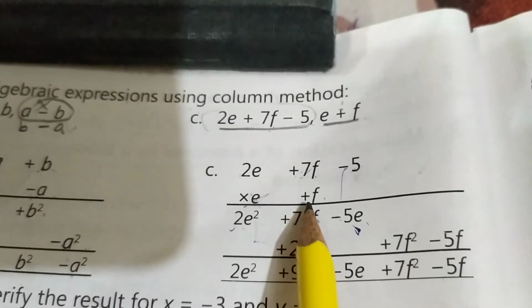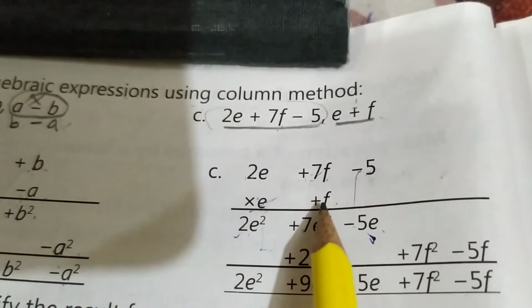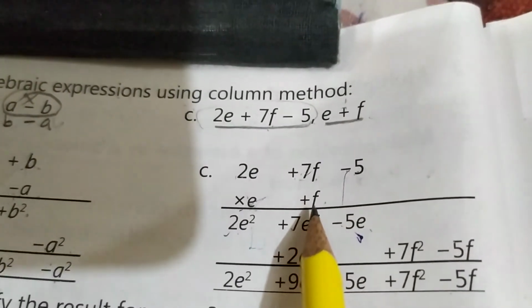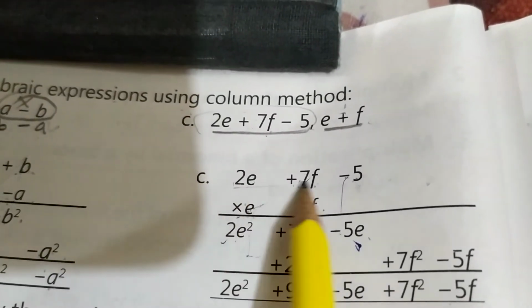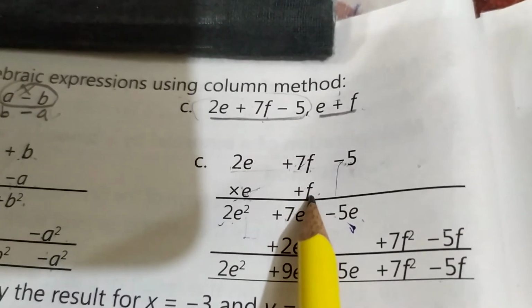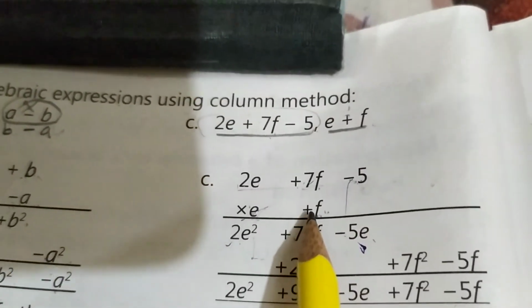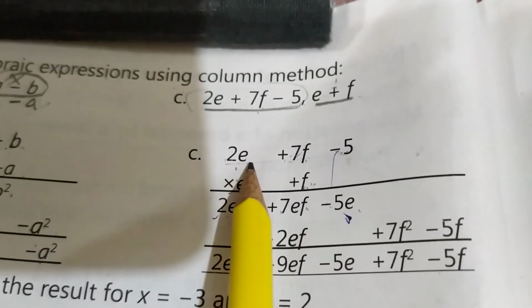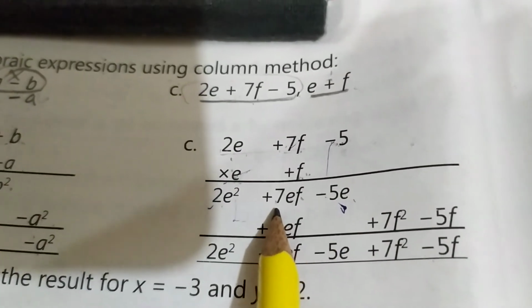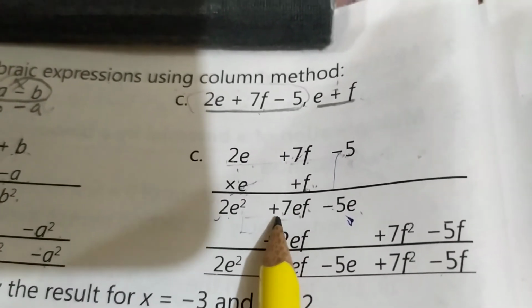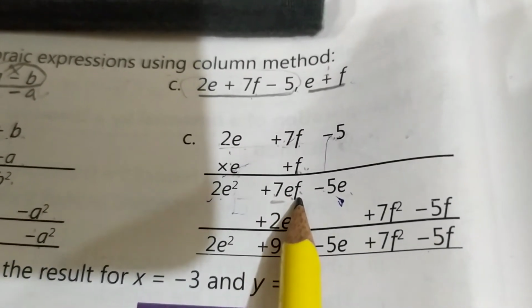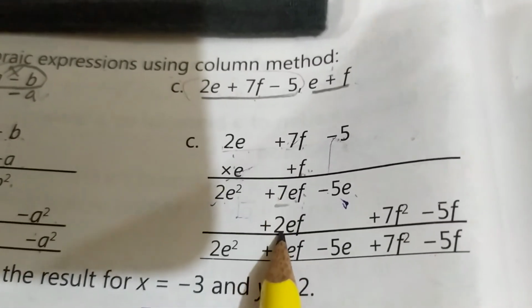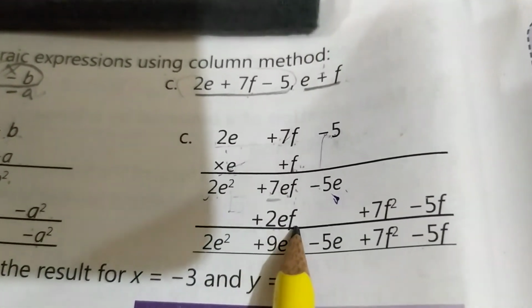Now come to second expression. Here we have to multiply first expression by the second term of second expression, f. When we multiply f by 2e, it will be 2ef, and in the first line this expression is with ef term, so we will write below it, plus 2ef.